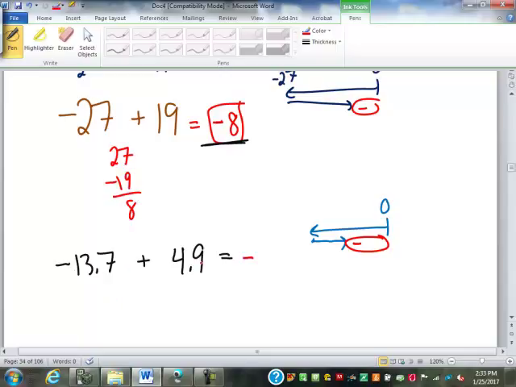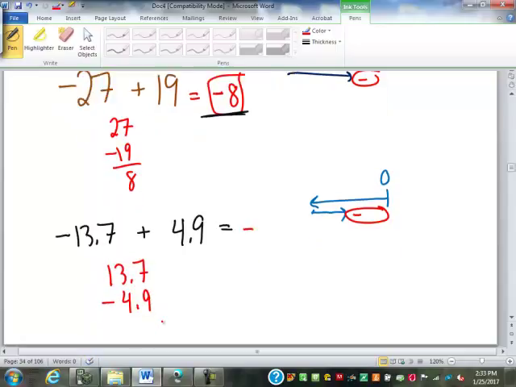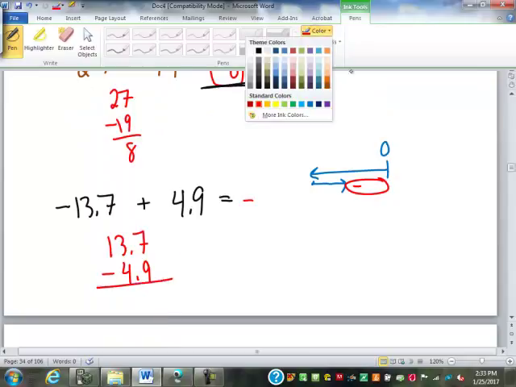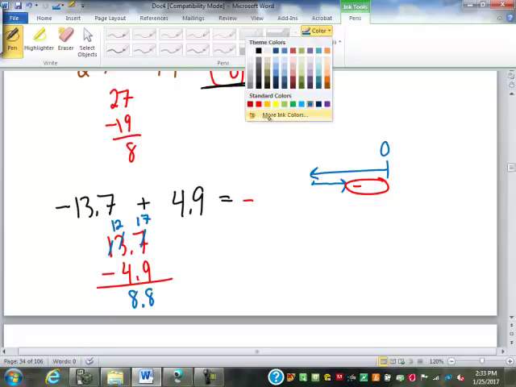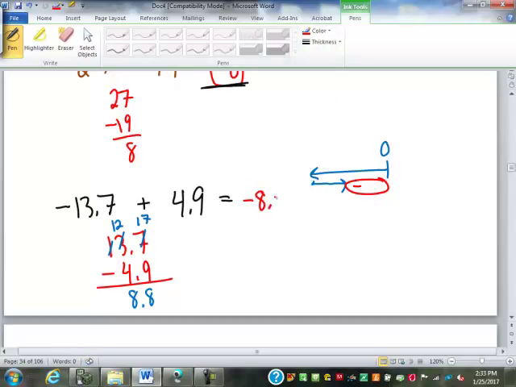So we're just going to take the bigger absolute value minus the smaller absolute value. 13.7 minus 4.9. We have to borrow from the 3. This is 17. This is 8. Bring down the decimal. Borrow from the 1. That's 12. Minus 4 is 8. So the answer here is a negative 8.8.